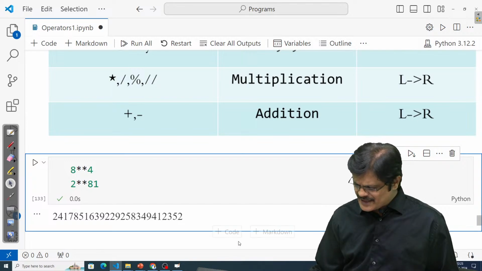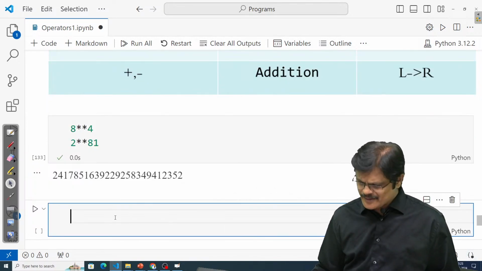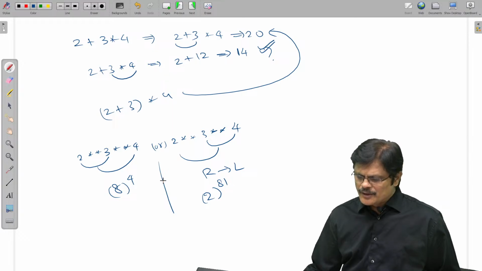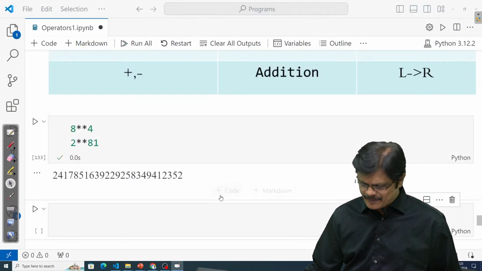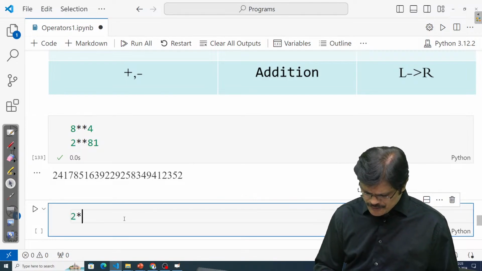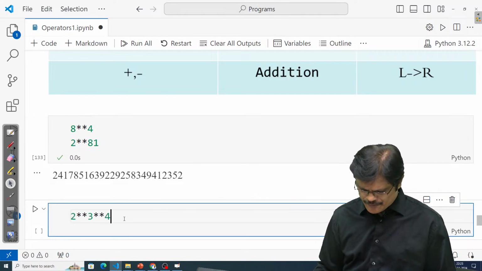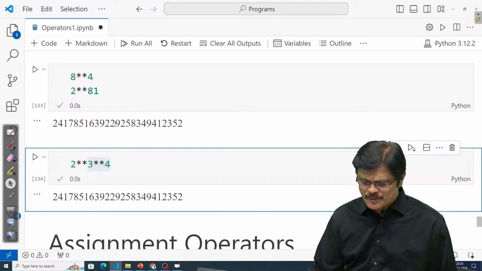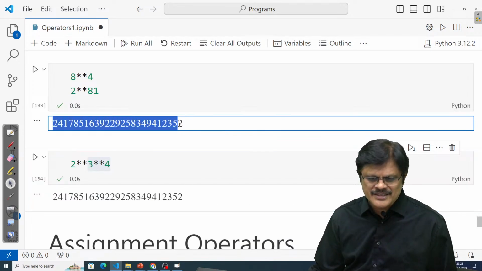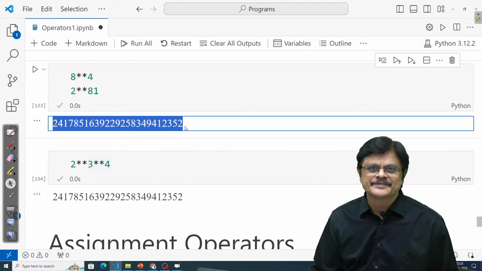So now let us see our problem. What is the problem which I gave? 2 power 3 power 4. What is the result? That is 2 star star 3 star star 4. Which answer do you expect? Because it is right to left associative, it should be 2 power 81. So the answer is 2 power 81. Is the idea clear?